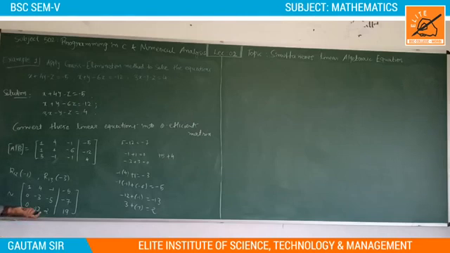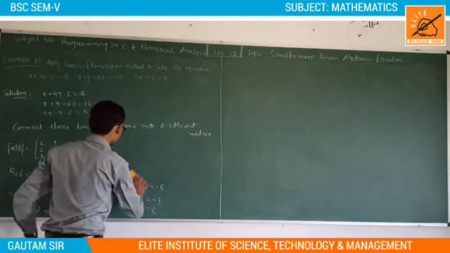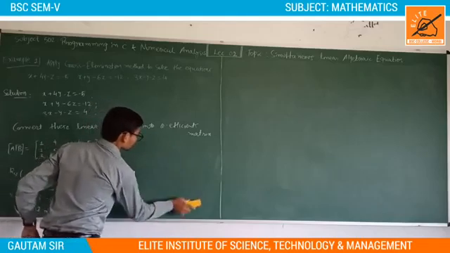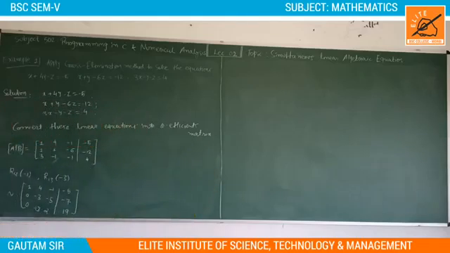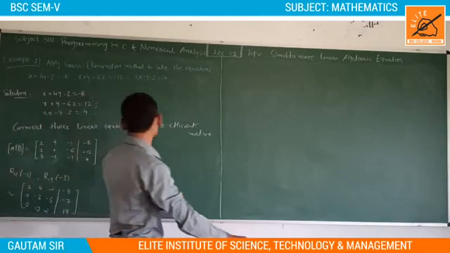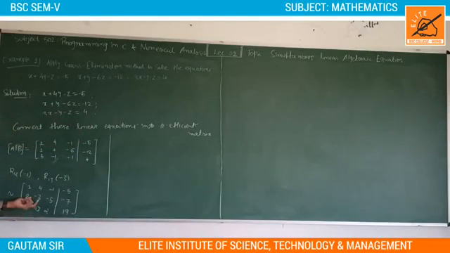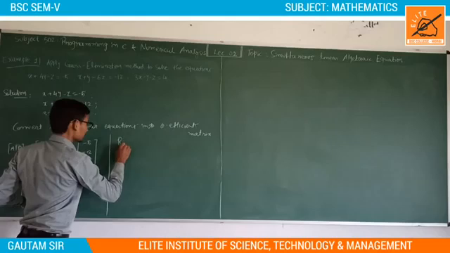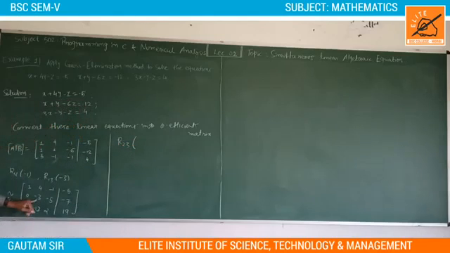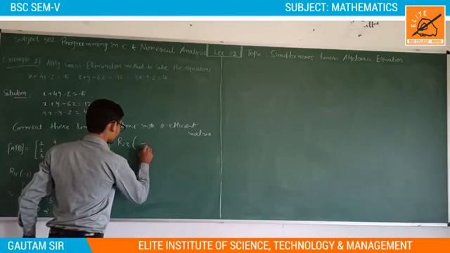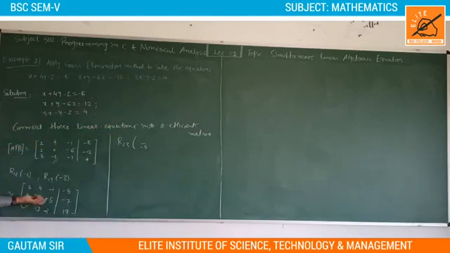Now minus 13 must become 0. Using the second row, our next operation is R3 plus 13 by 3 times R2. What is here? Minus 3, so divide by minus 3. Minus 3 divided by minus 3 is 1.